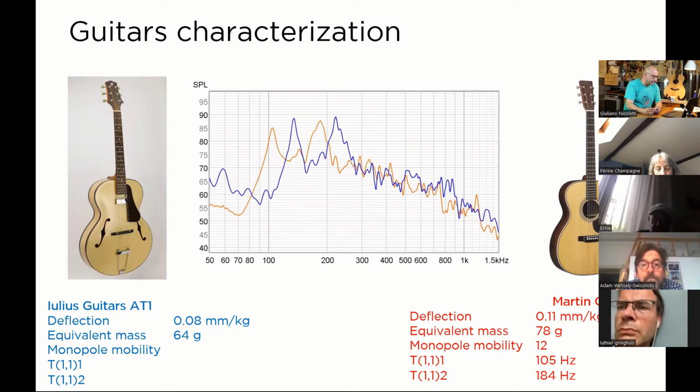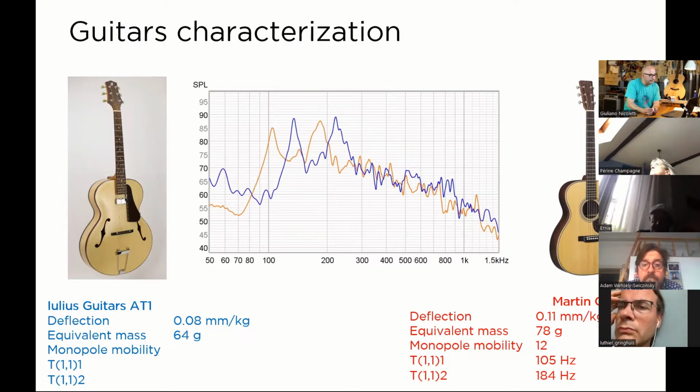And you can see that when we compare this to the Martin OM28, it makes a lot of sense also. Even if I didn't put the main resonance mode, we can see that it is much higher in frequency, around 135 hertz at the first mode and 220 the main mode of the table. And there is a lot of sound compared to the OM28.